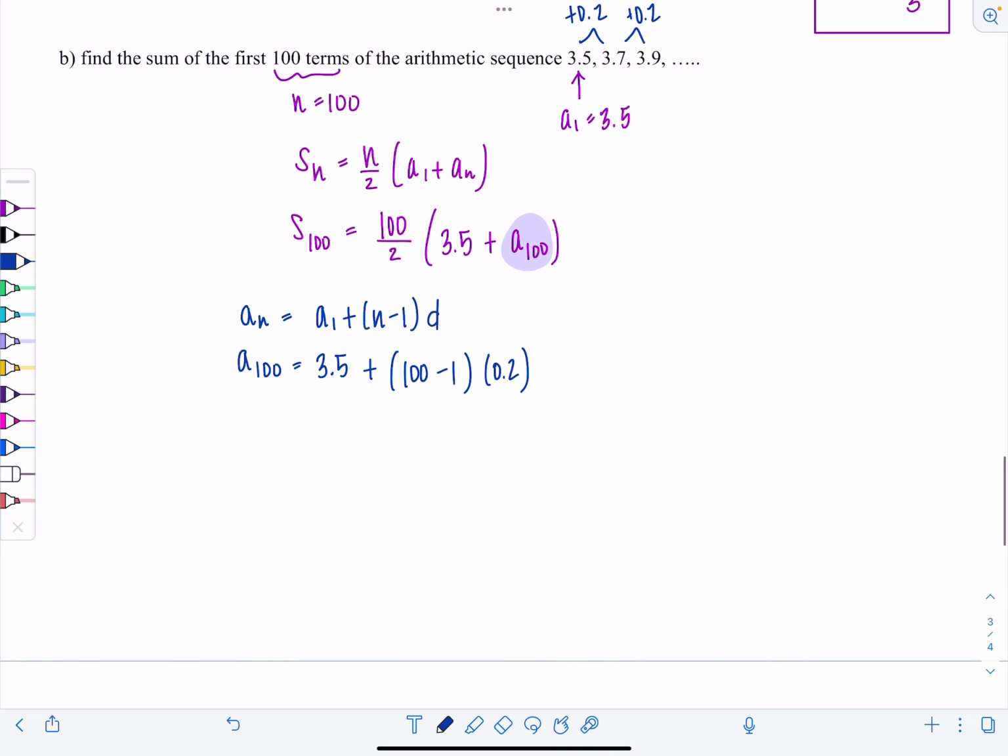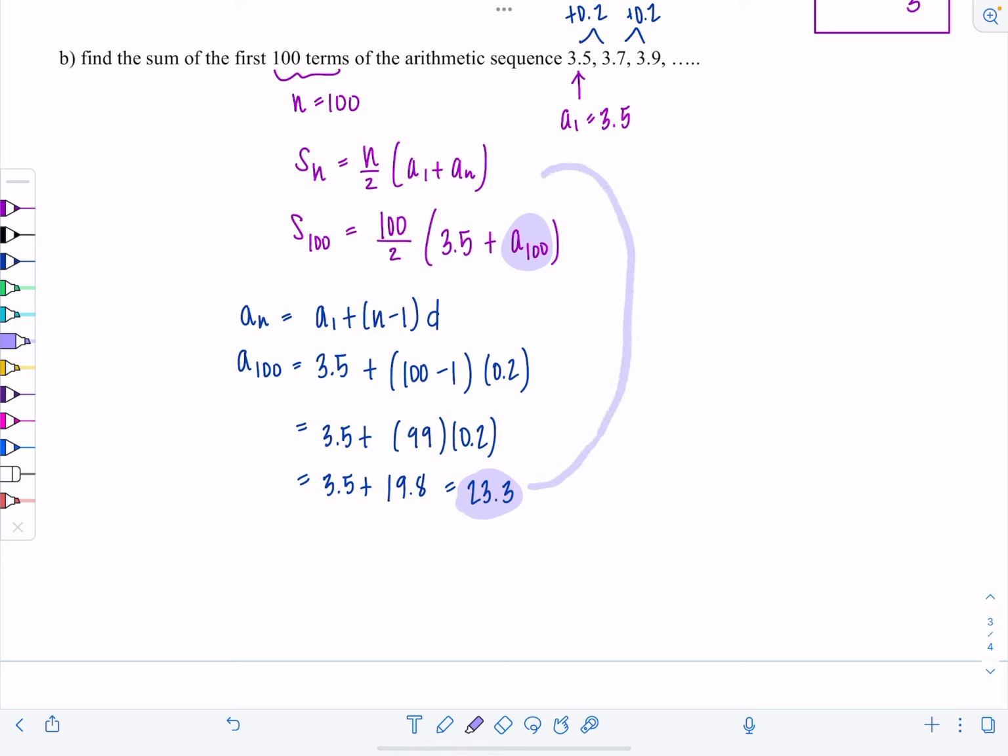All right, good. So this is going to be 3.5 plus 99 times 0.2. 99 times 0.2, that's 19.8. So we have 3.5 plus 19.8. So this is 23.3. What does that mean? That means the 100th term is 23.3. So now I can substitute that in here and figure out the sum that they asked me for.